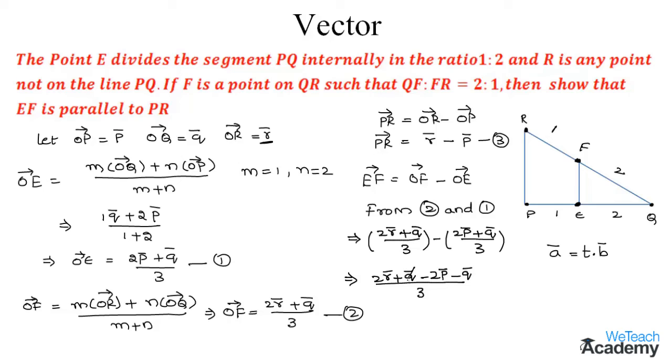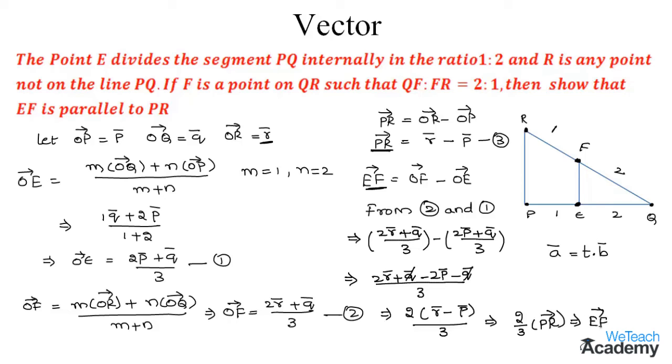So we can cancel over here plus Q bar and minus Q bar. And by taking 2 as a common factor from the remaining terms, we get here 2 into R bar minus P bar whole divided by 3. So from the equation 3, observe that the value of R bar minus P bar is the vector PR. So we get here 2 by 3 into the vector PR, which is the value of the vector EF.